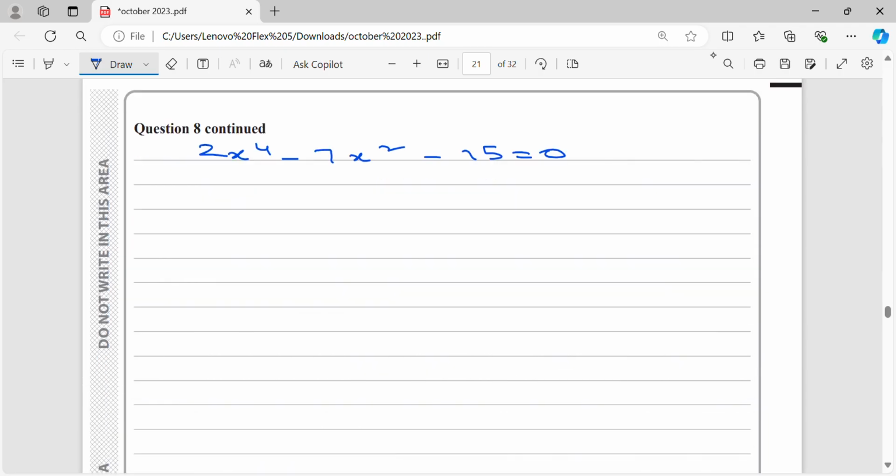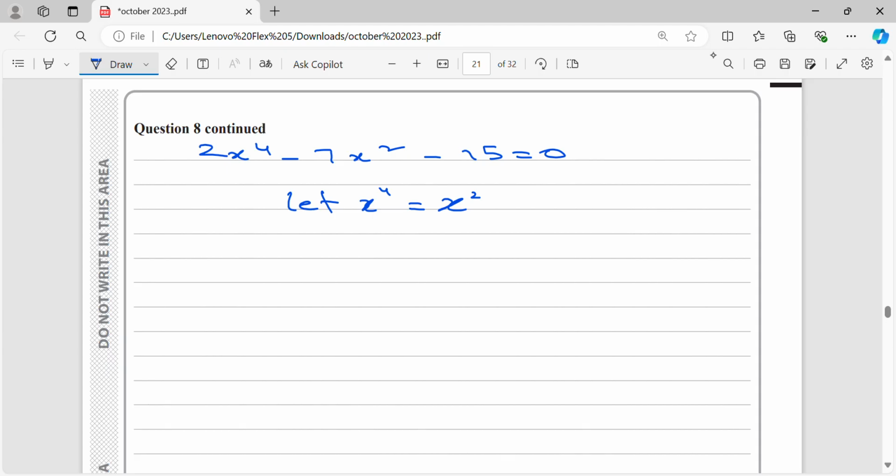I can factorize this, because this equation is in terms of x raised to the power 4. There are two ways to do it. Either you just factorize as you normally do, and instead of writing x, write x squared. Or you can assume that x raised to the power 4 is x squared, and x squared is x.